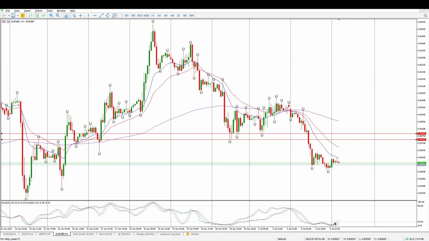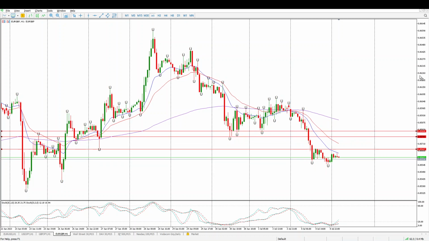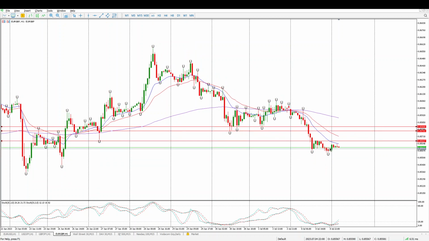Don't really want to be jumping in with the oscillators like that. Also could be a potential double bottom that's brewing. What could also happen, just keep this in the back of your mind, is you could just form a range and then break to the downside. So that would be the London breakout strategy. Look at the first 8 1-hour bars, draw your range on the top and the bottom.